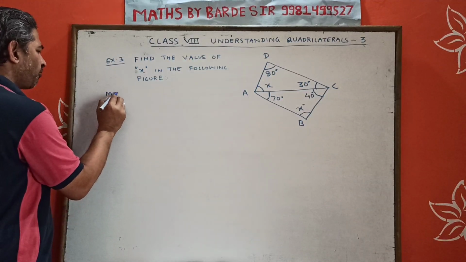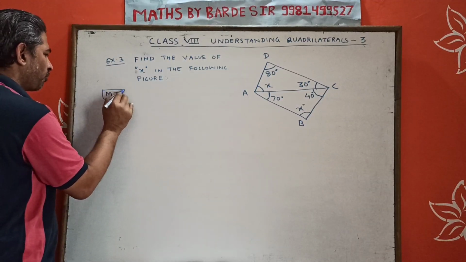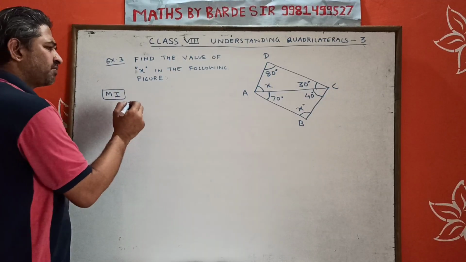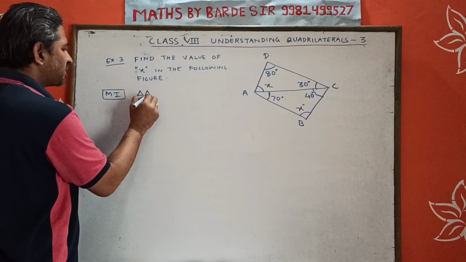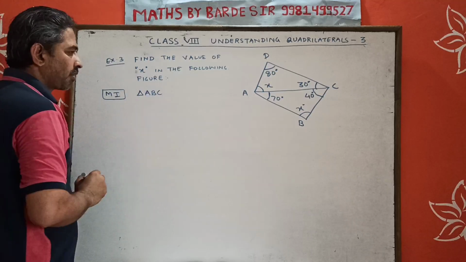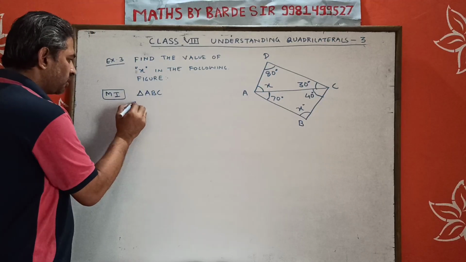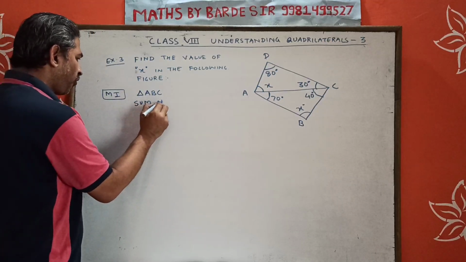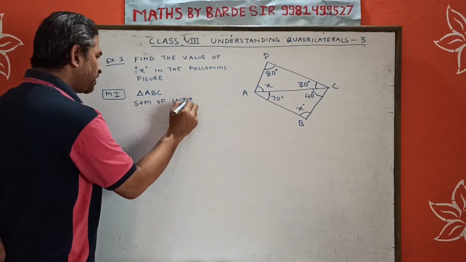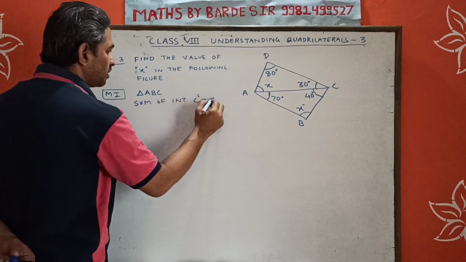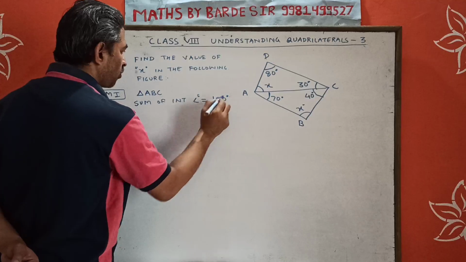First method, let's consider only triangle ABC. Sum of interior angles of a triangle is 180 degree.